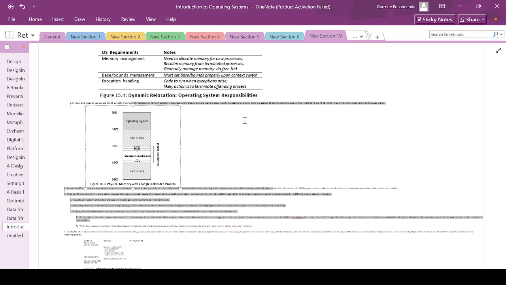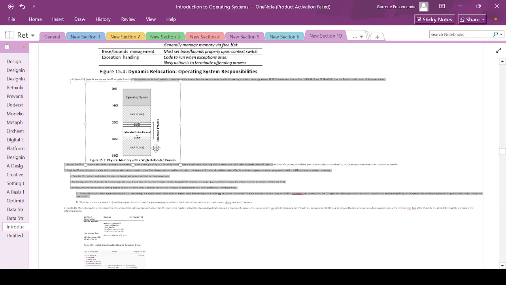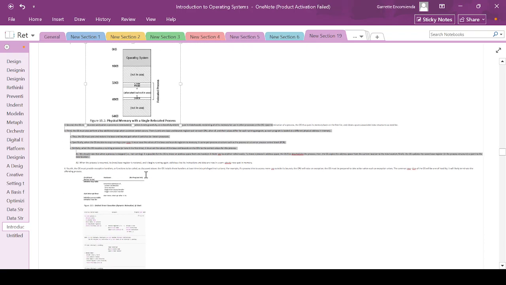The other two slots are free, 16 kilobytes to 32 kilobytes and 48 kilobytes to 64 kilobytes. Thus, the free list should consist of these two entries. So the free list, the data structure for dynamic relocation, should contain these not-in-use parts of physical memory.